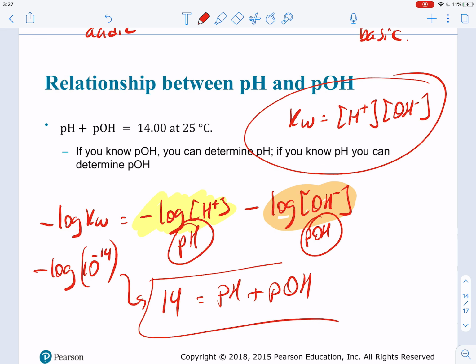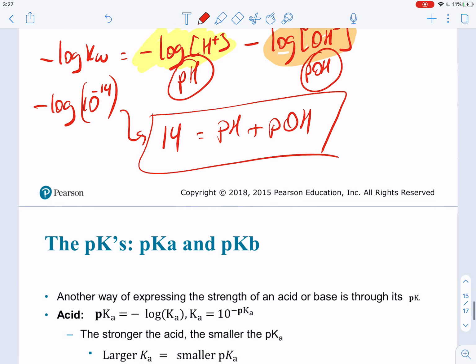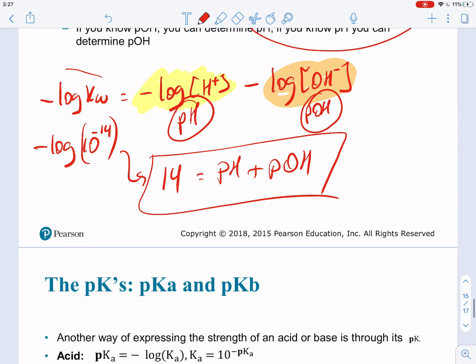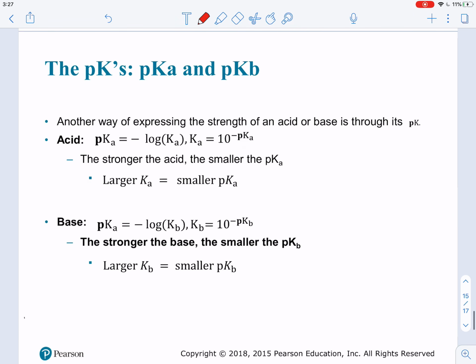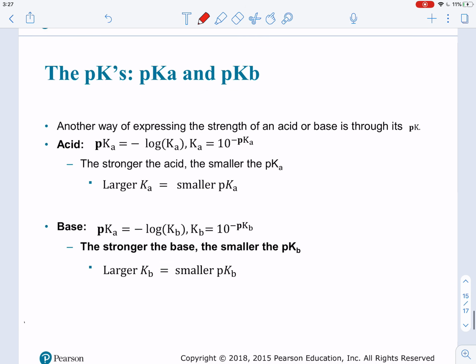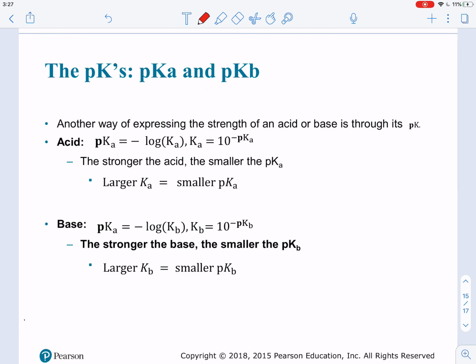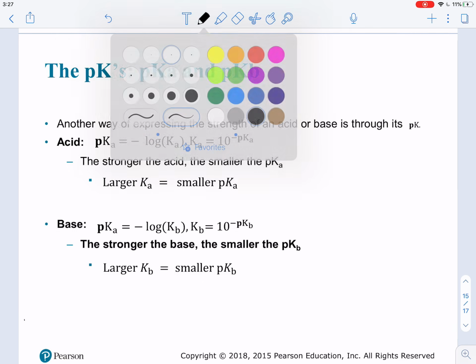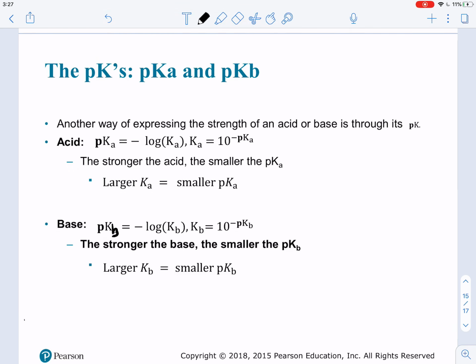This is a fundamental relationship that you need to know to work these problems. It can make your life easier, so we are aiming for that, correct? Since we've taken the negative log of the constant here, that's something that we also use to make our life easier when it comes to comparing acidity constants or basicity constants, because you can do that with every single equilibrium constant. Particularly here for our case, and there is a little mistake here, this is supposed to read Kb, but this is in order to make your life easier.